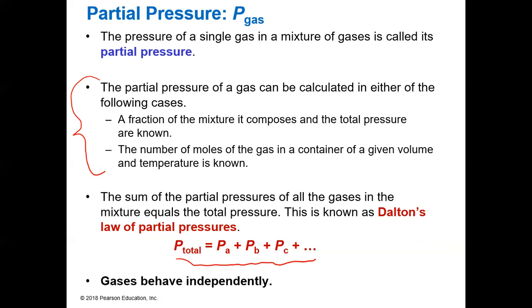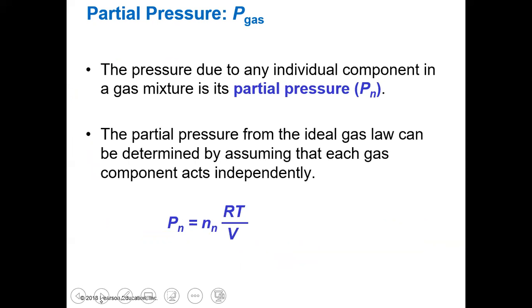The last bullet that's in bold: gases behave independently, so they don't affect one another. So we try to focus in on one gas component at a time and treat it as if it's the only gas there to make our lives easier.